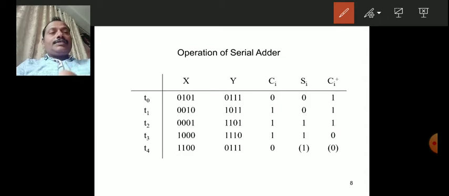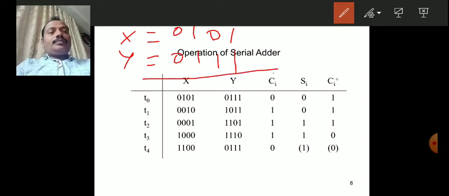Okay, once again let us take X equals 0 1 0 1, Y equals 0 1 1 1.